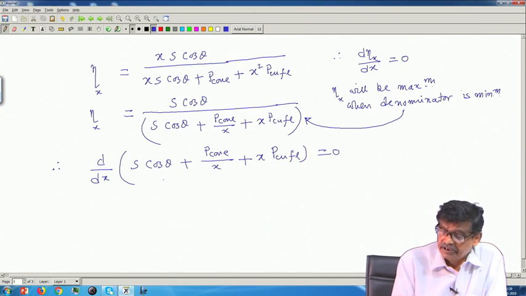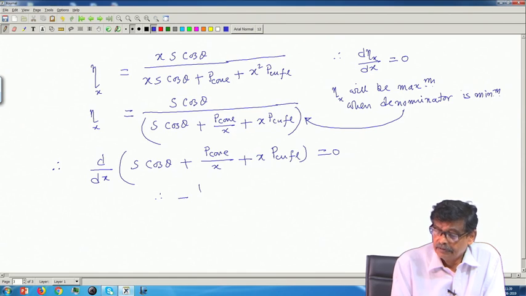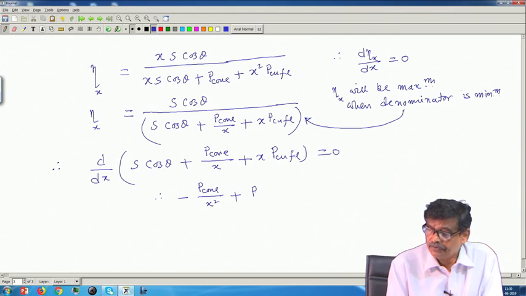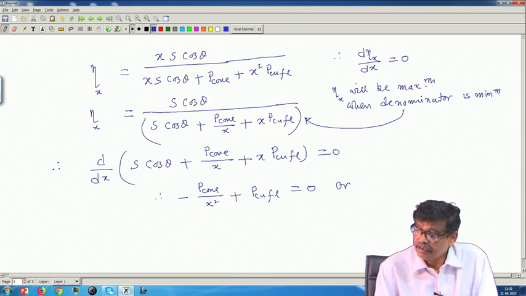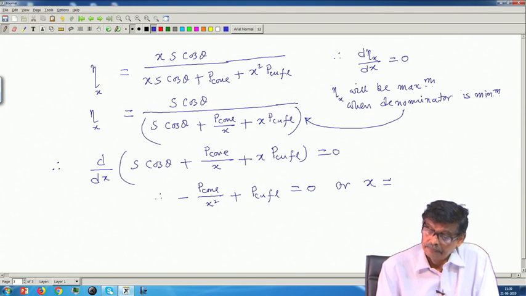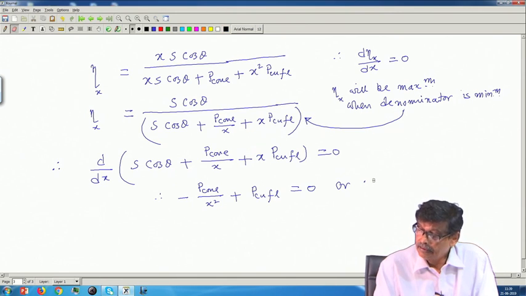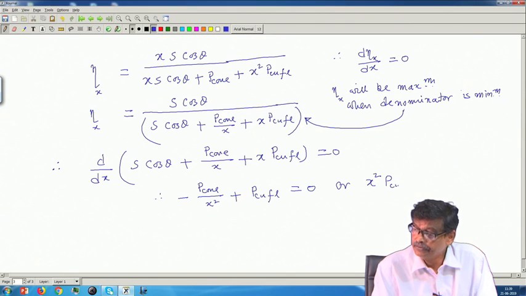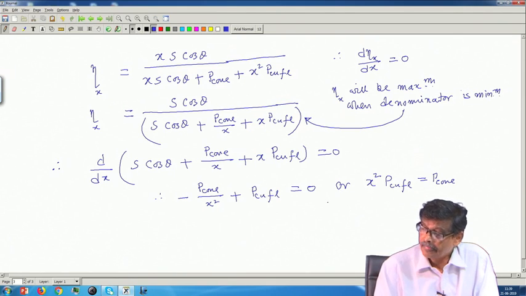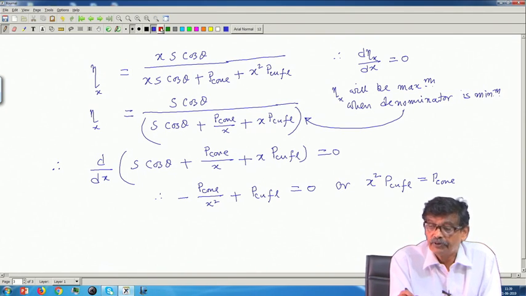So, if you differentiate, this will then become minus of P core by x square plus P cu full load equal to 0, or you can say that x square into P cu full load is equal to P core. This is one very important result.